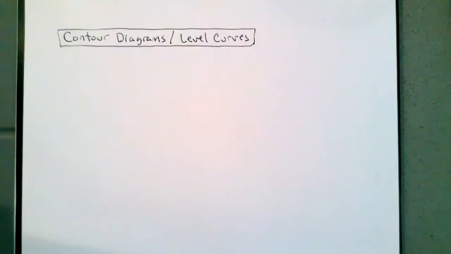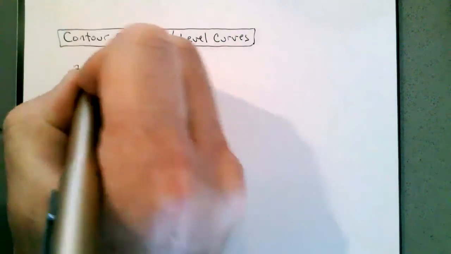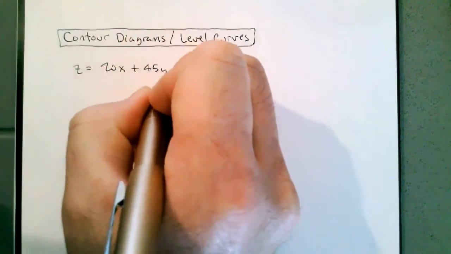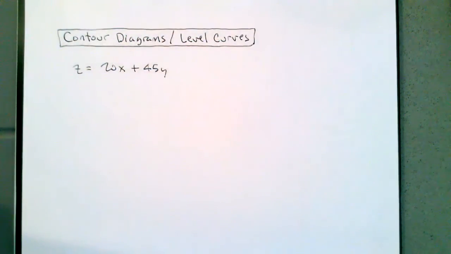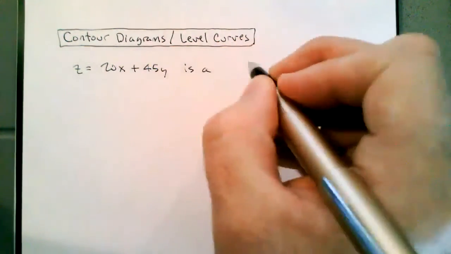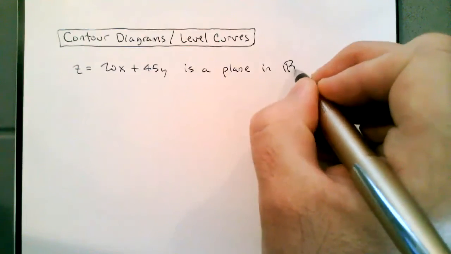One of the things that we know is that our equation z equals 20x plus 45y is a 2-dimensional surface in 3-dimensional space, and it is in fact a plane. So it's a plane in R3.